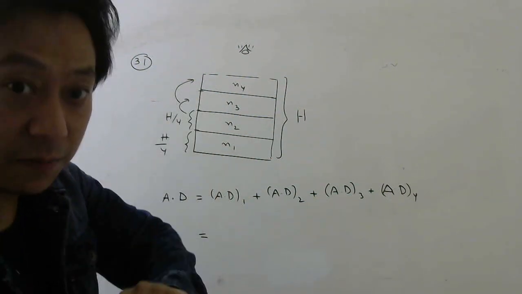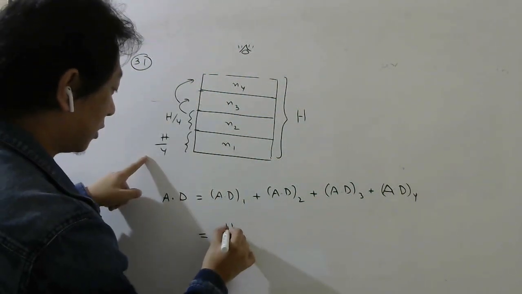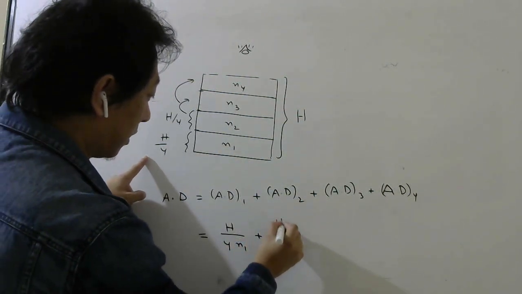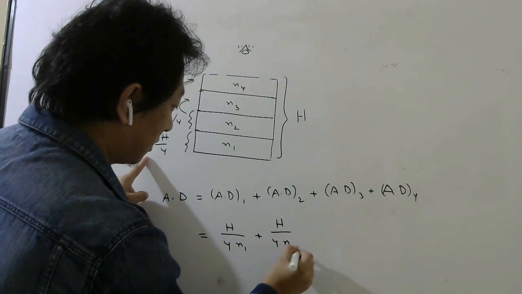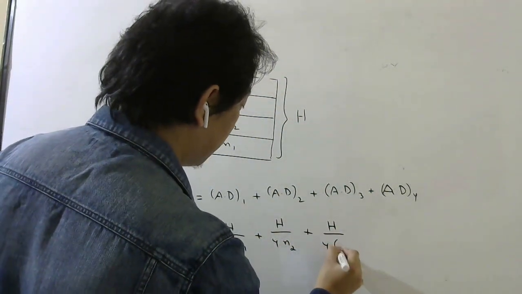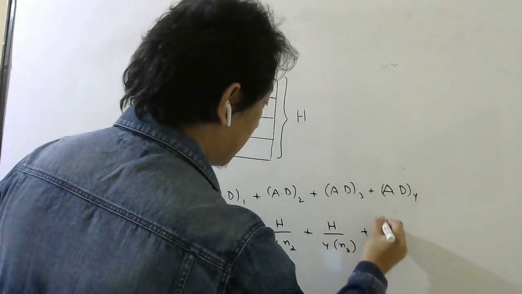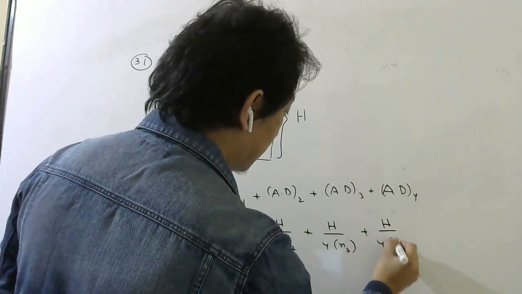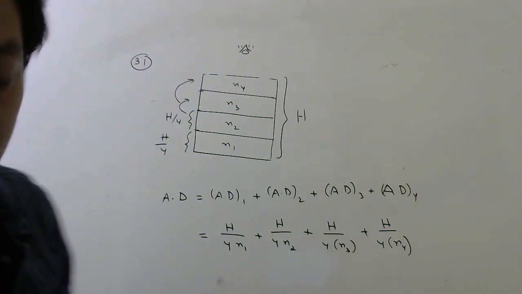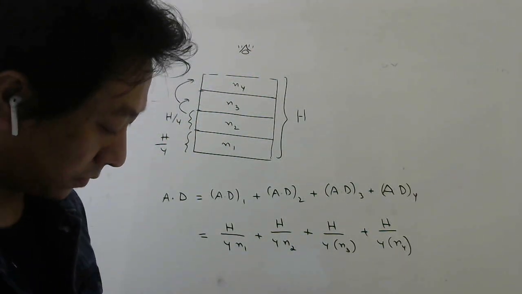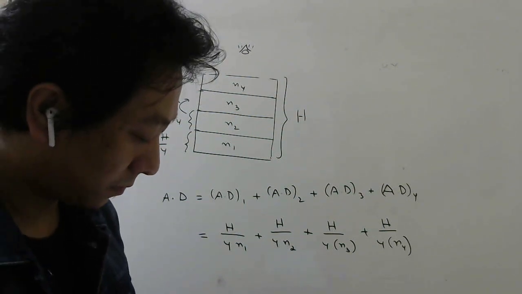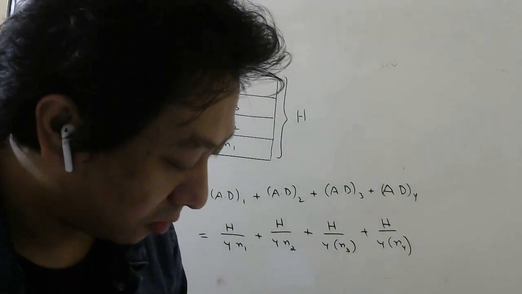Real depth divided by refractive index. So h by 4 over n1, plus h by 4 over n2. For this also real depth is h by 4, refractive index n3. H by 4, refractive index n4. So take h by 4 common, you will get the answer. So which option? Option B. H by 4 common you take. 32, let us see now.